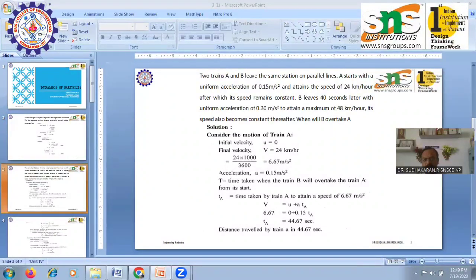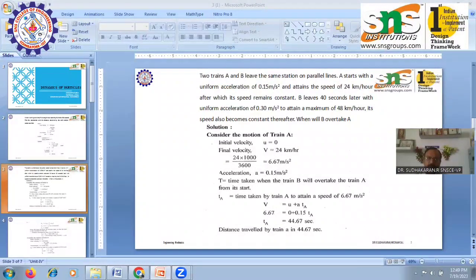Train A starts with a uniform acceleration of 0.15 meter per second square, and it is going to attain a speed of 24 kilometer per hour. After attaining that speed of 24 kilometer per hour, the speed of the train remains constant.